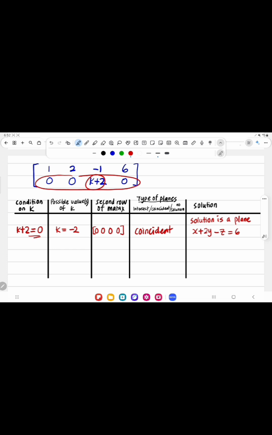Okay, so this is case number 1. So case number 2, k plus 2 is not 0. That means k is any value except negative 2. And the second row of the matrix is 0, 0, k plus 2, and 0. The two planes intersect.